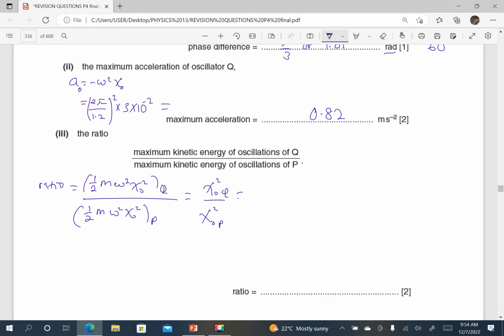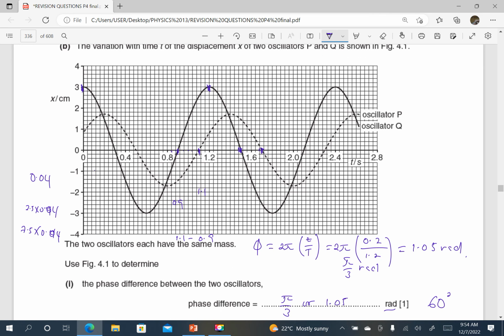So for Q we have seen it is 3 centimeters, and then for P it is here in the center. I think that is 1 point... Is it 1.7? The scale on the vertical is 1 divided by 5, which is 0.2. So you have 1, 2, 3, 4, 5, 6, 7, 8 and a half. I'll just say 8.5 times the scale, 0.2.